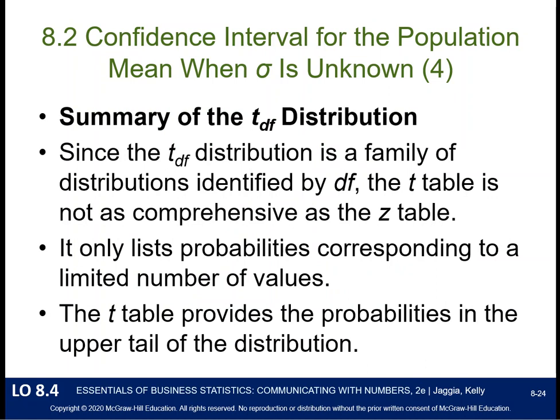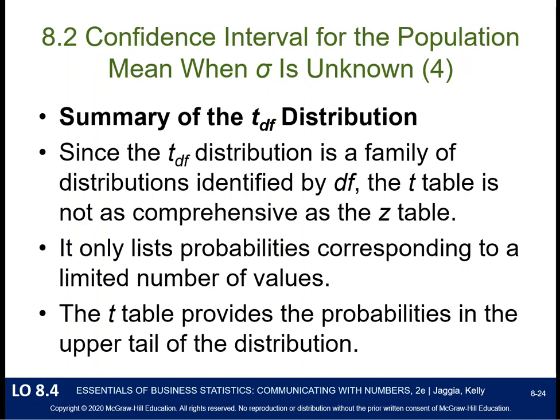We do have t-tables. They're in your appendix right next to your z-tables, but they're not as comprehensive as a z-table. They only give us some limited values, and they only give the upper tail of the distribution. We don't have a negative or left tail like we do with the z-score. So we're not really going to use the tables so much.